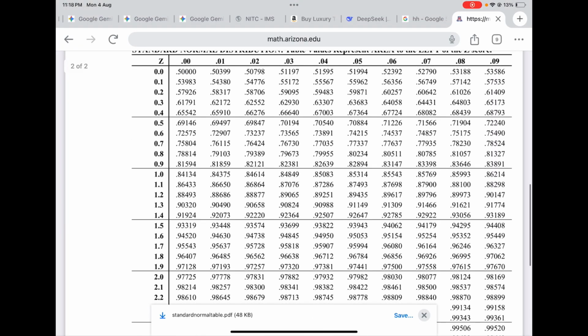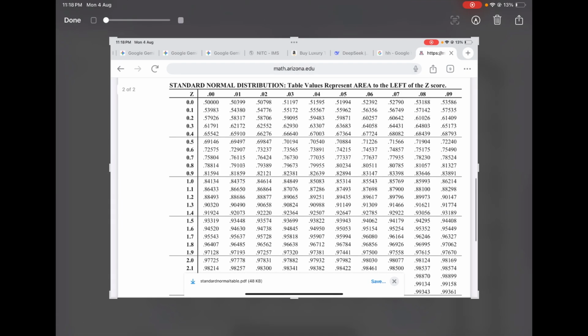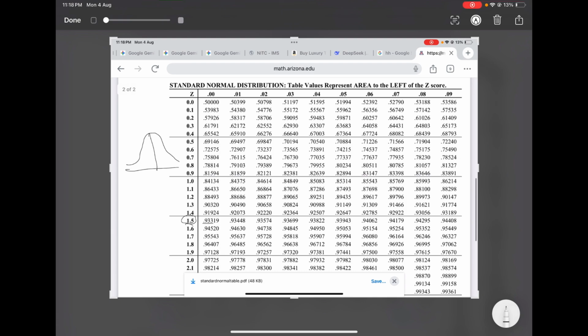You can see corresponding to Z 1.5, the table values represent the area to the left of the Z score. So it is 1.5 here, this is the area, and that is given here as 0.93319. But we need to calculate this area, P of Z greater than 1.5.